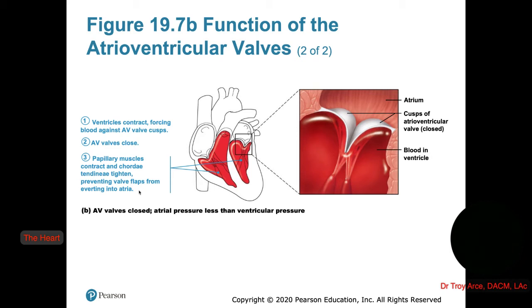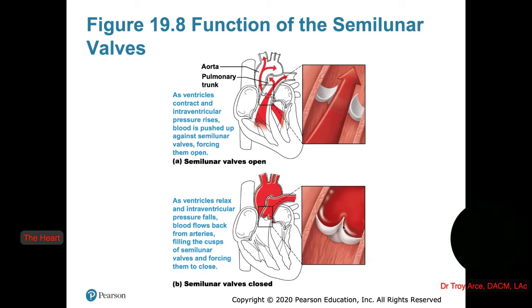So once that takes place, the blood is filled in both ventricles, as you can see, and the semilunar valves: as the ventricles contract and the intraventricular pressure rises, the blood pushes up against the semilunar valves, forcing them open at that point.